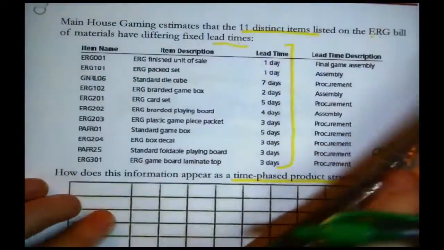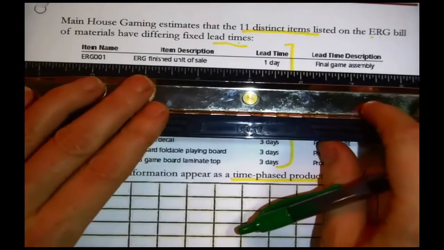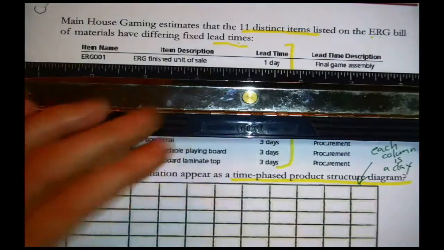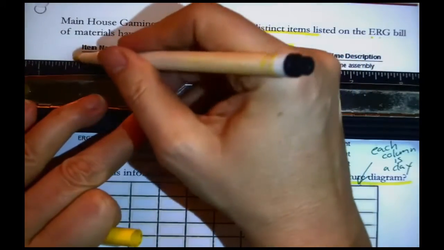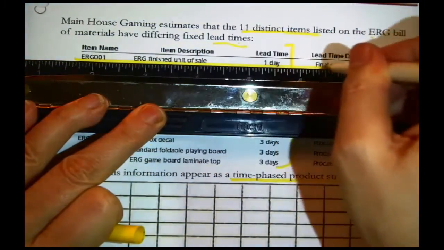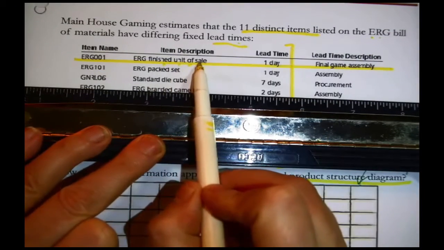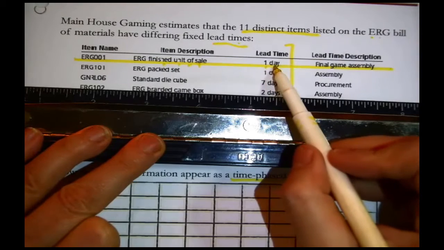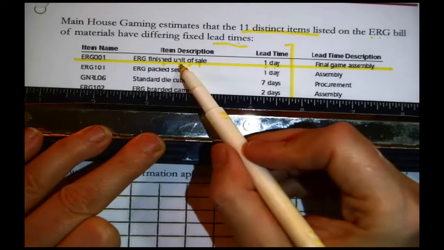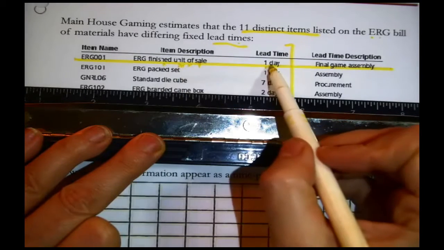I'm looking at the very top of the list, and it says ERG 001. That's their code for the finished unit of sale. The lead time is 1 day. If you need one more unit of this finished unit of sale, that will be a day.